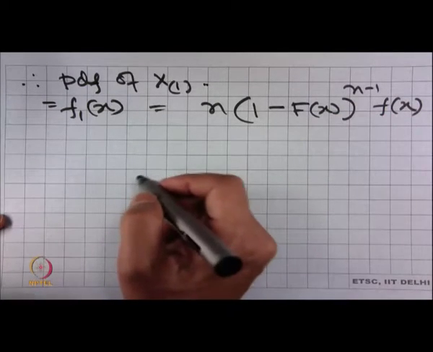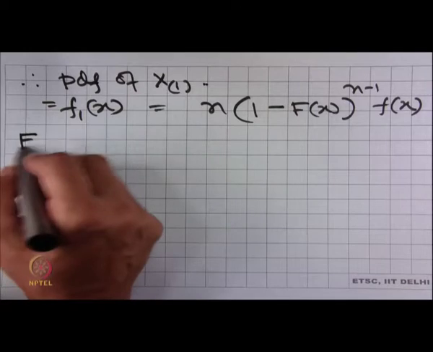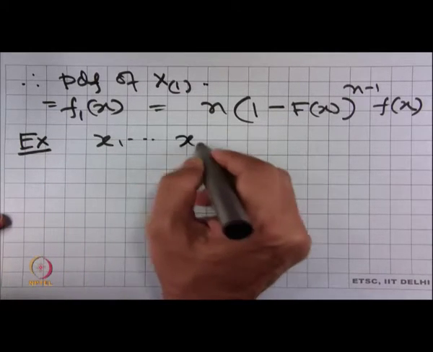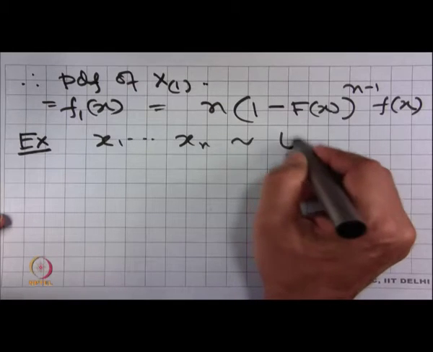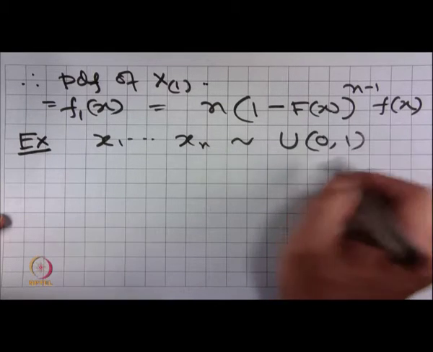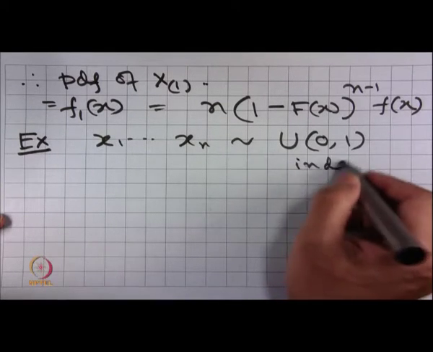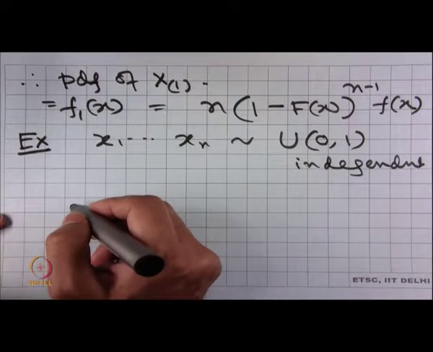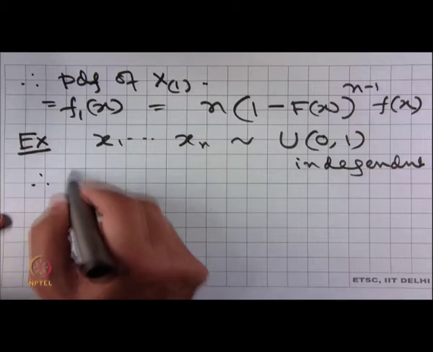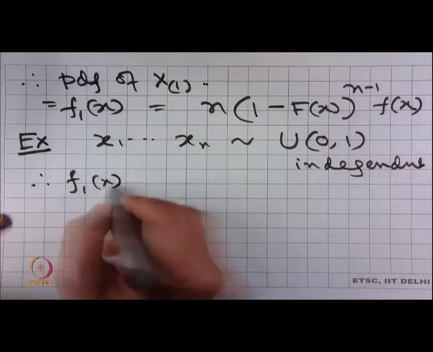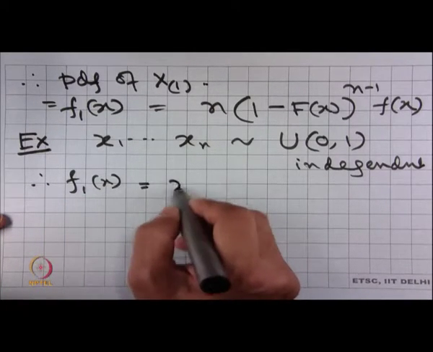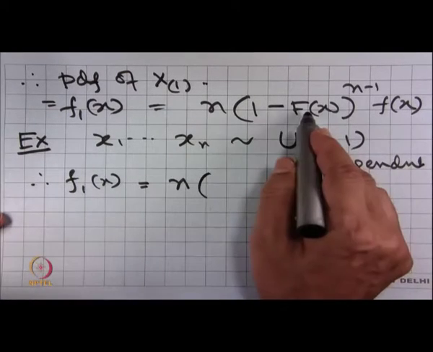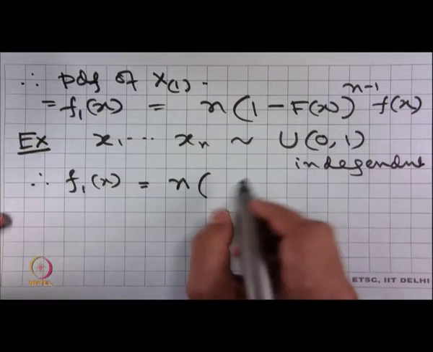Therefore, example: x 1, x 2, x n are from uniform 0 1 independent. Therefore, f 1 x is equal to n times, what is F x? F x is x for uniform 0 1.